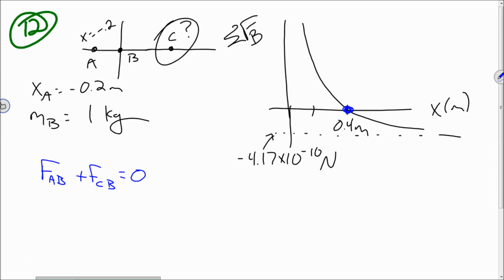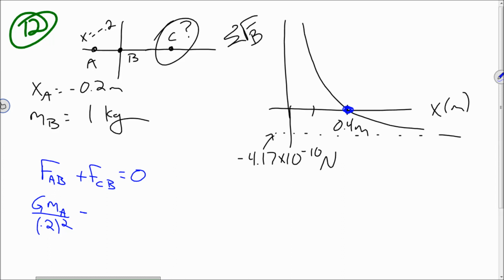So let's write out what that equation looks like. So this force is going to be G times the mass of A, times the mass of B, which I know that's just 1 kilogram, so I'm just going to leave that out, over, let's see, the distance from A to B is, well, that's just 0.2, right? Cool? And then one of those forces has to be negative, right?